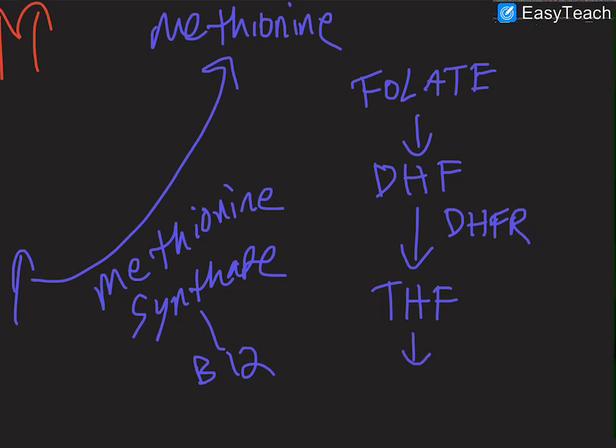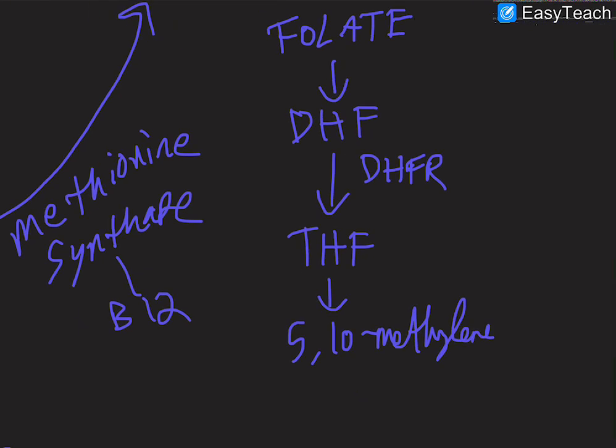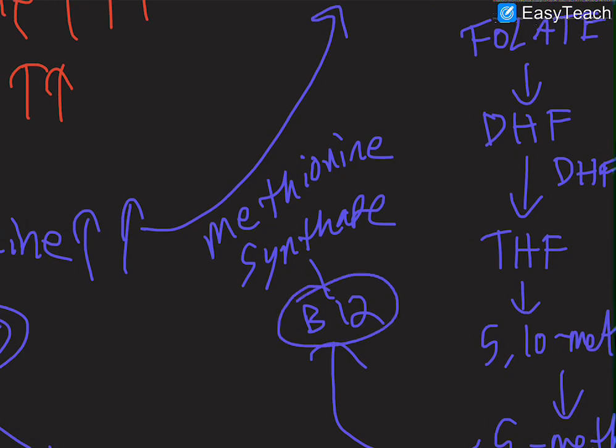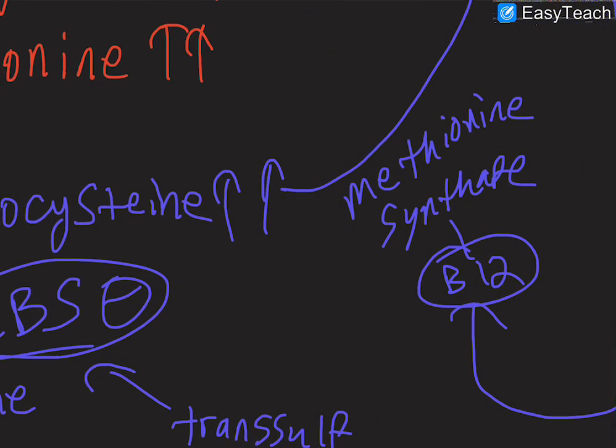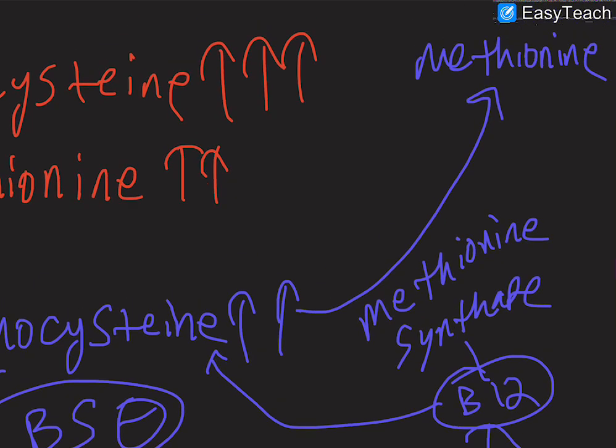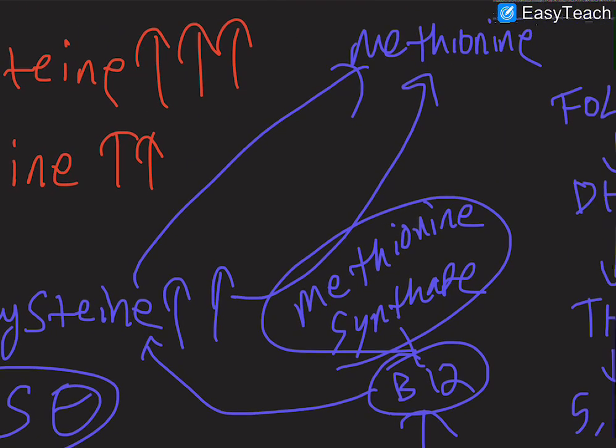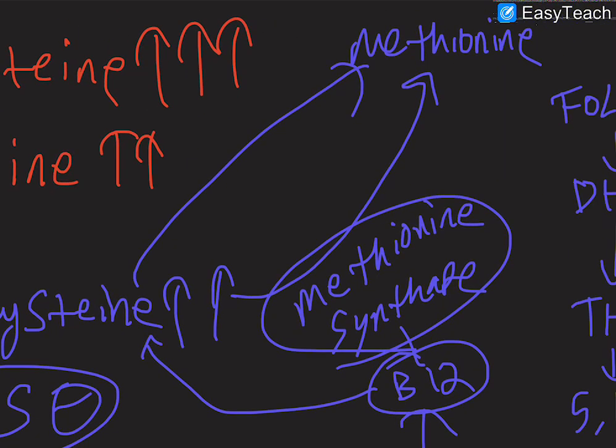Then tetrahydrofolate gets converted to 5,10-methylene tetrahydrofolate, then into 5-methyl tetrahydrofolate, the active form of vitamin B9, which methylates B12. B12 takes that methyl group and gives it to homocysteine, which is converted into methionine via methionine synthase.